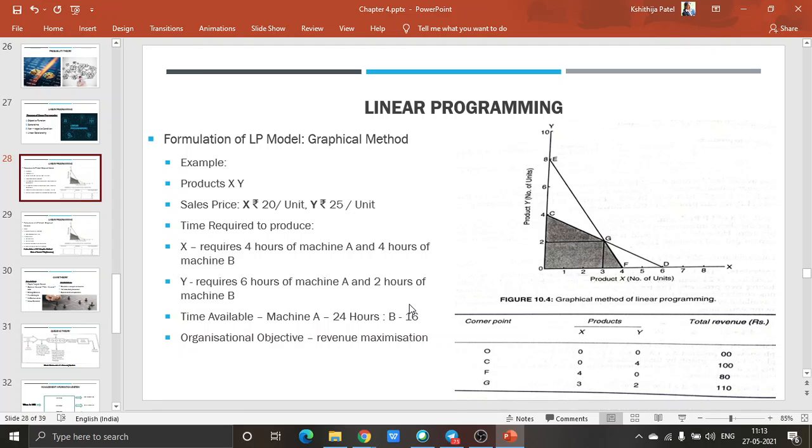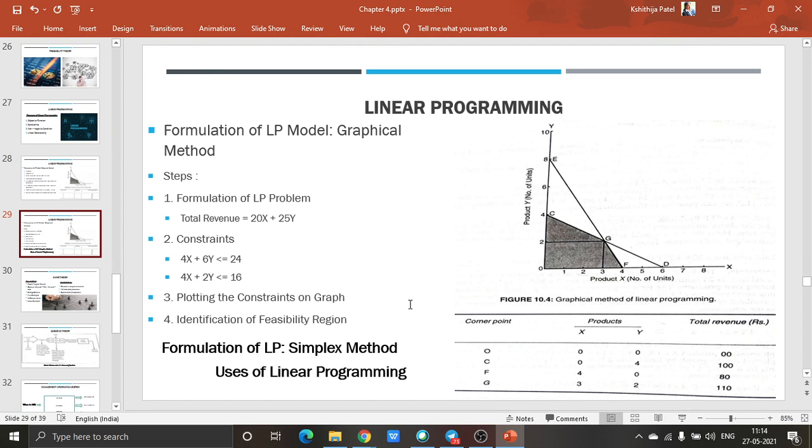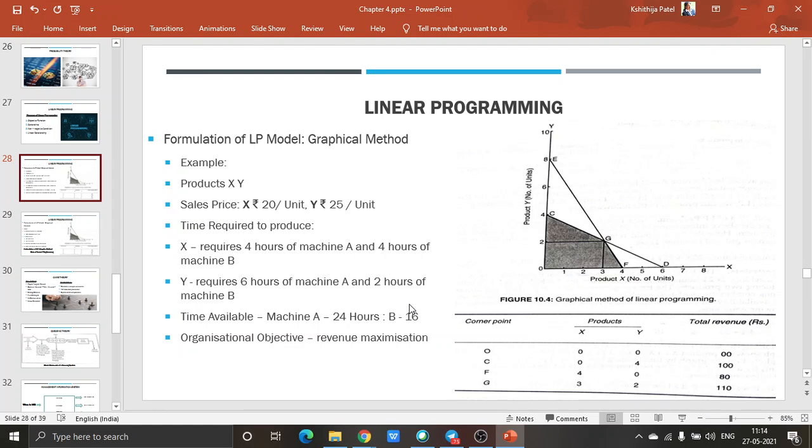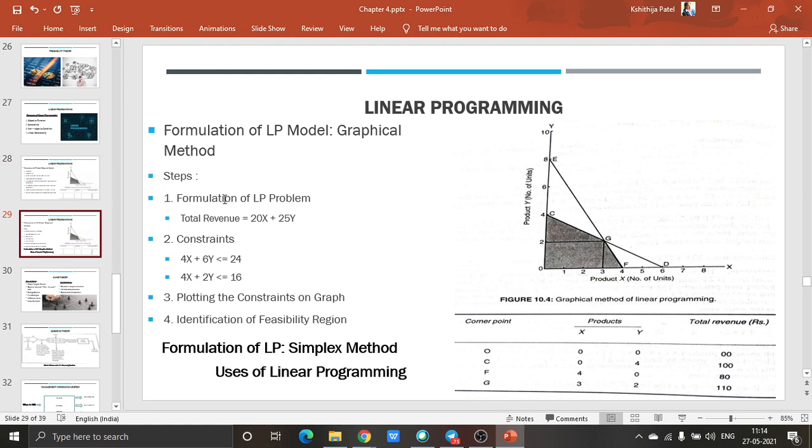If we have to represent it in the form of a mathematical equation, then it simply means 20x plus 25y. Why 20x and 25y? Because each unit of product X costs rupees 20 and each unit of product Y costs rupees 25.